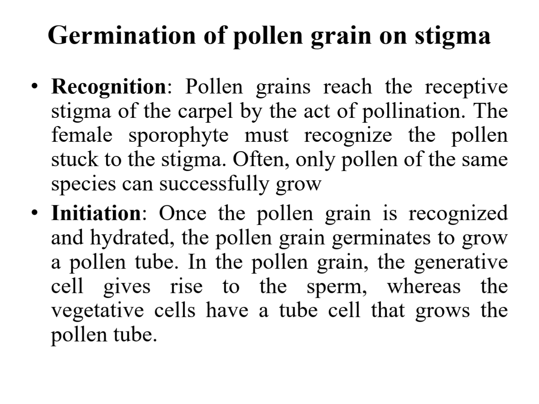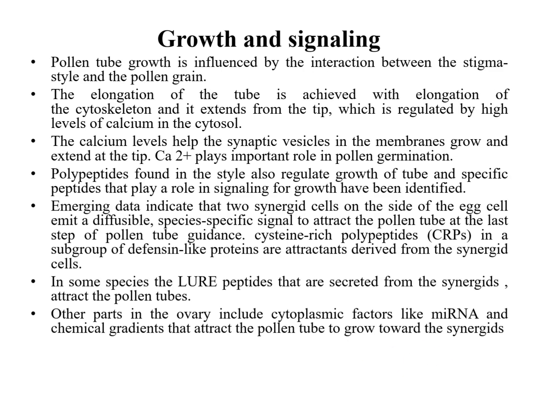Then only pollen of the same species can successfully germinate. Then initiation. Once the pollen grain is recognized and hydrated, it germinates to grow a pollen tube. In the pollen grain, the generative cell gives rise to sperm, whereas the vegetative cell has a tube cell that grows the pollen tube.